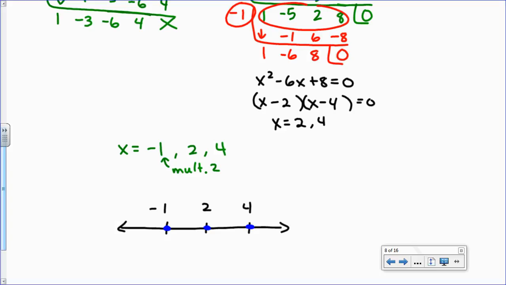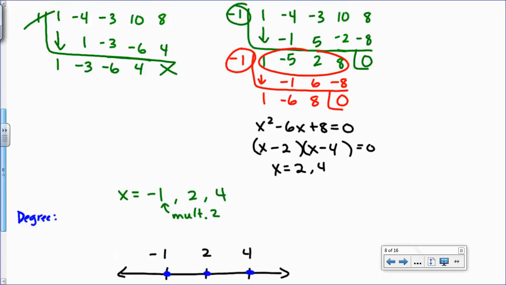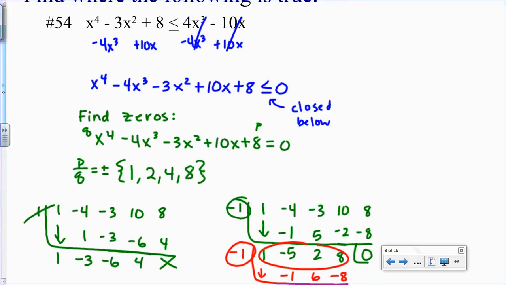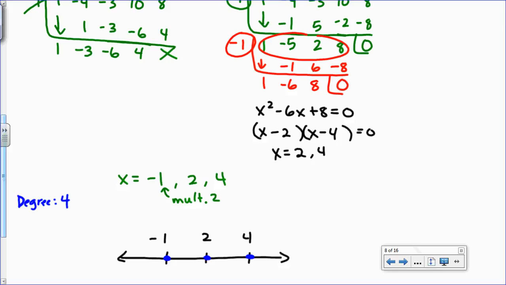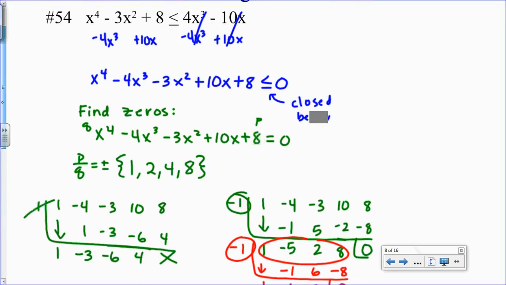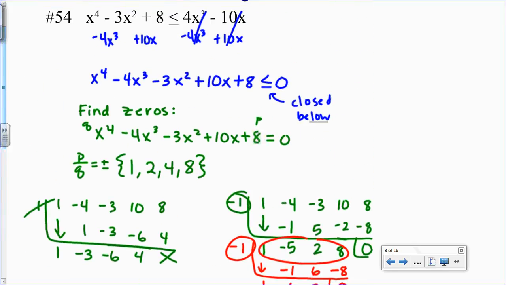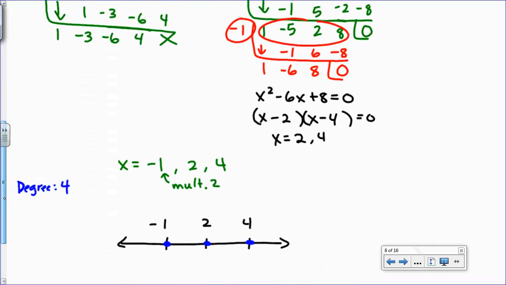Okay. The degree. What's the degree of this polynomial? 4. When it's in standard form, you can tell just by looking at it what the degree is, 4. Okay, and the leading coefficient is 1, which is positive. So what's the end behavior?